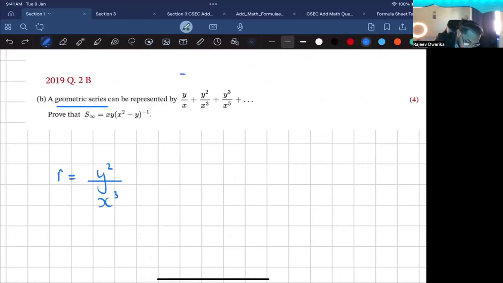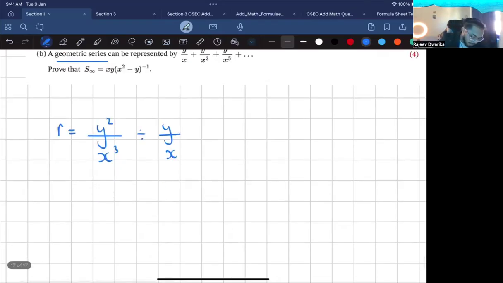So this is T1, this is T2, and this is T3. I would say T2 divided by T1. All right, so this is T2, and I'm going to divide that by T1. If I'm converting division to multiplication, what would I do?